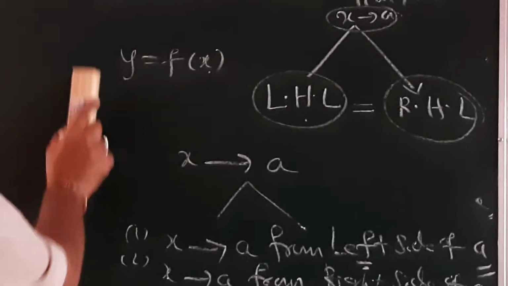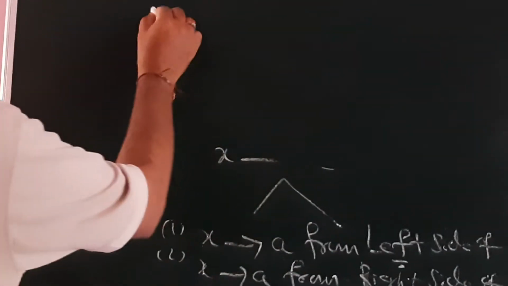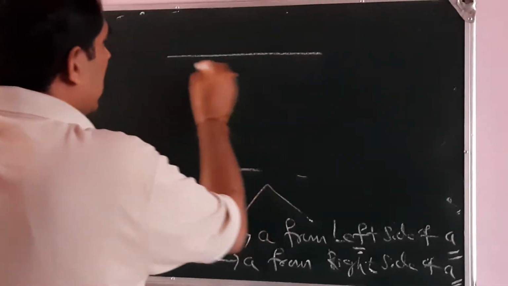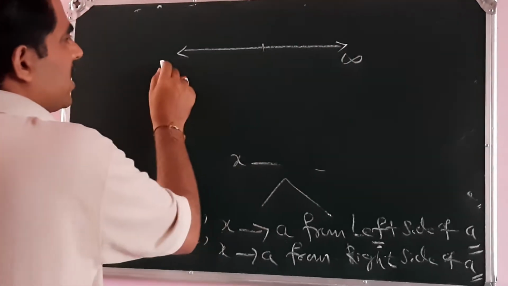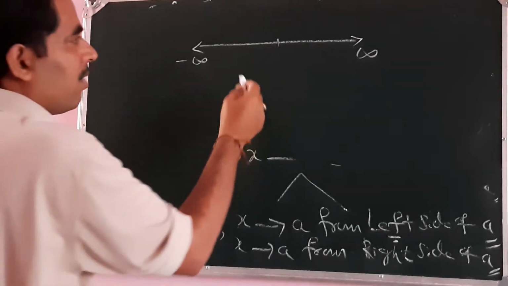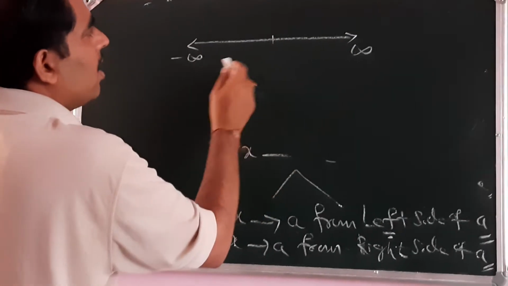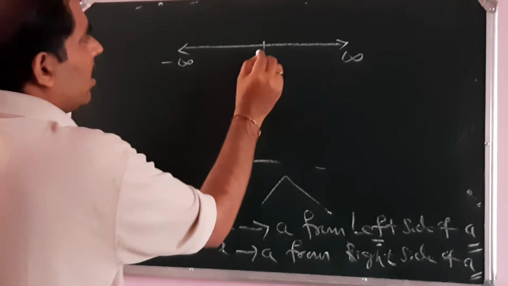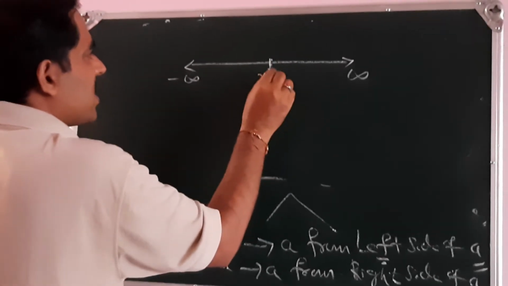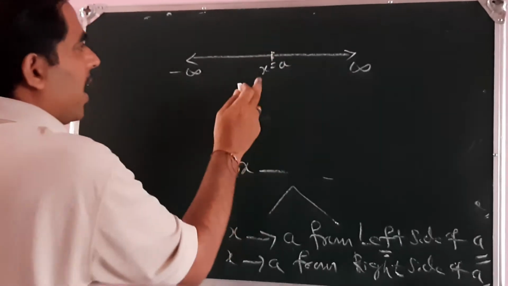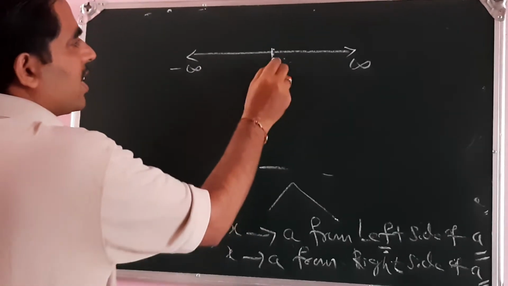Let me show that. Let us see here, there is a number line. We write this as minus infinity to infinity, the real line, as we say. Here I will mark one point, x is equal to a. This is my point a.